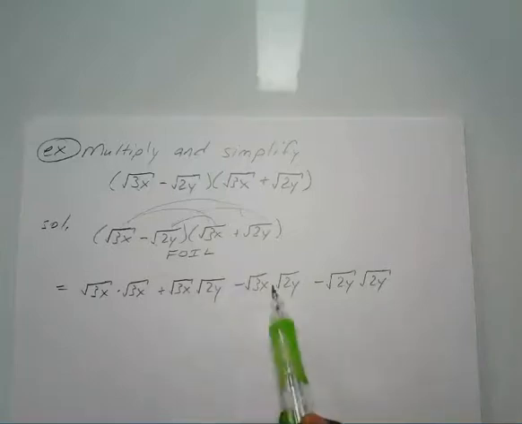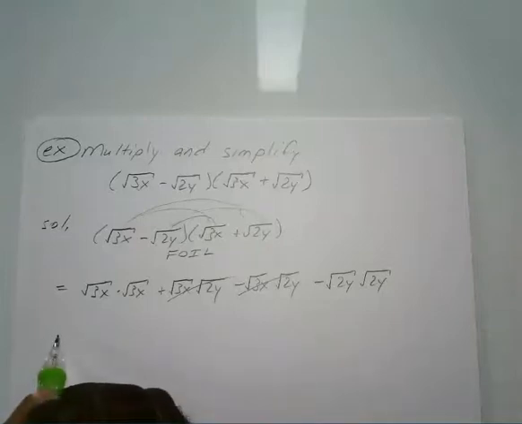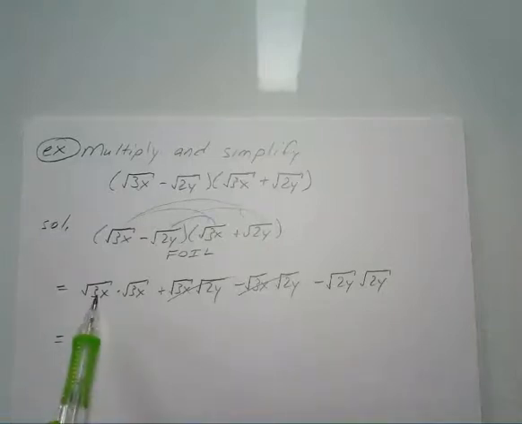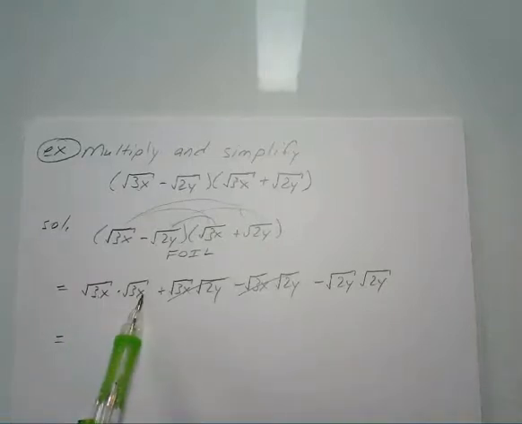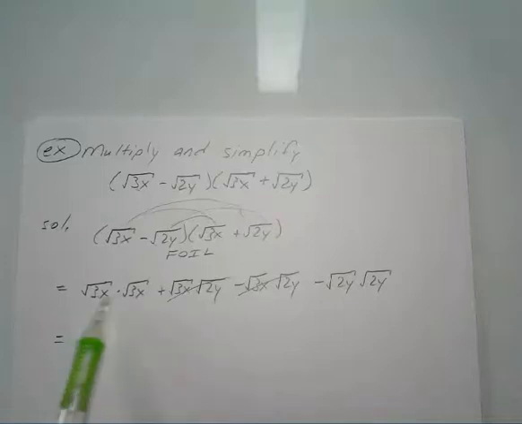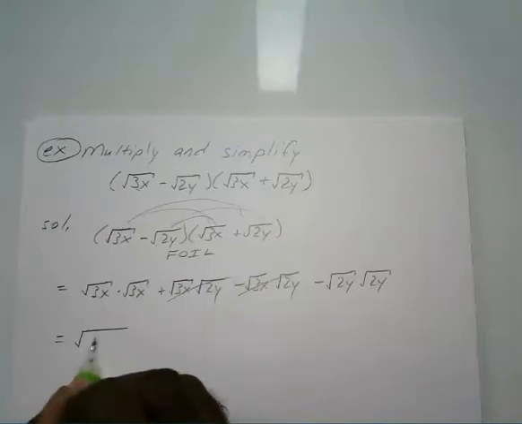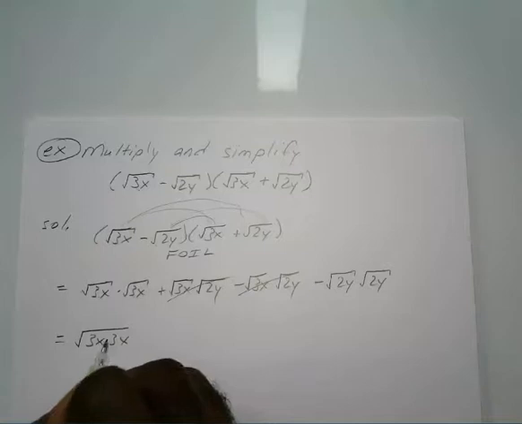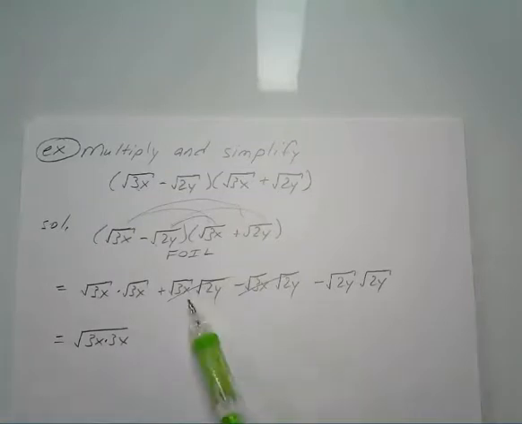Okay, so if you look at your two middle terms, those two actually cancel each other out. Okay, so you have square root of 3x times square root of 3x. Those two, since they're both square roots, you can put them under the same root symbol. So you have the square root of 3x times 3x. These two canceled out.